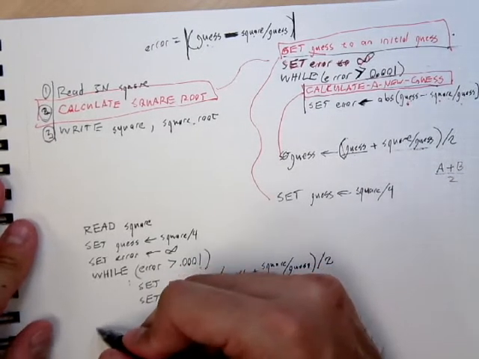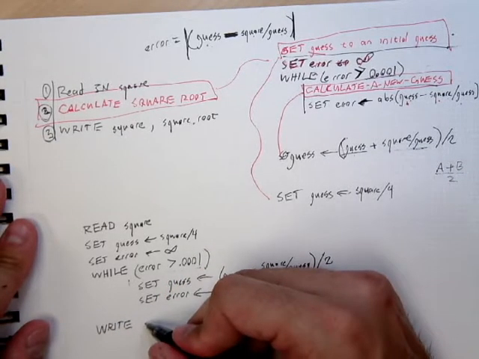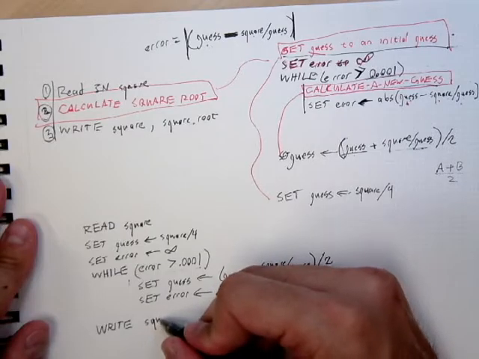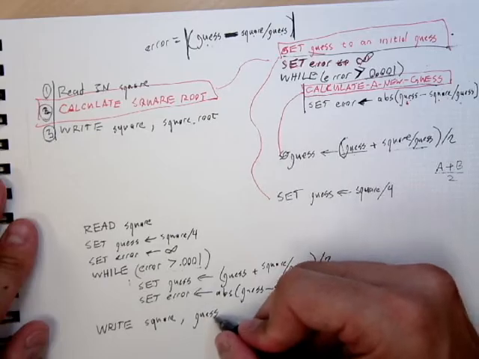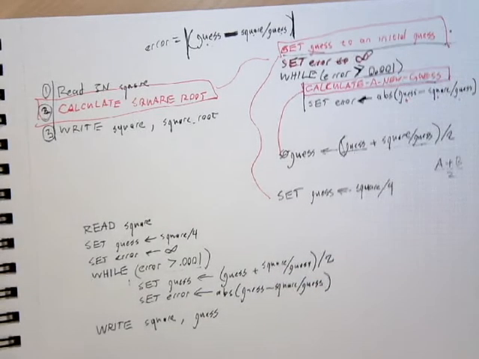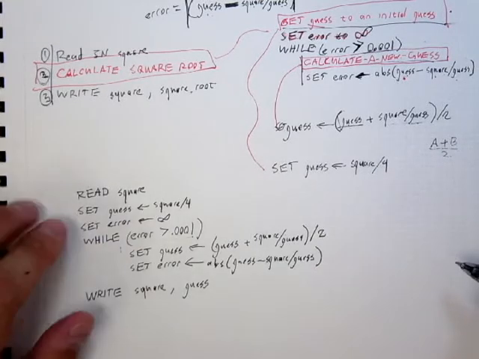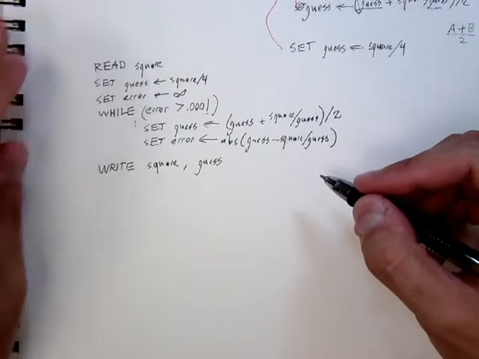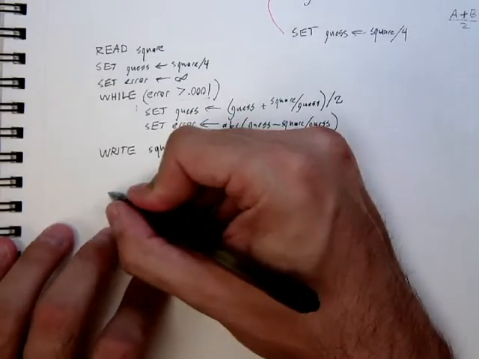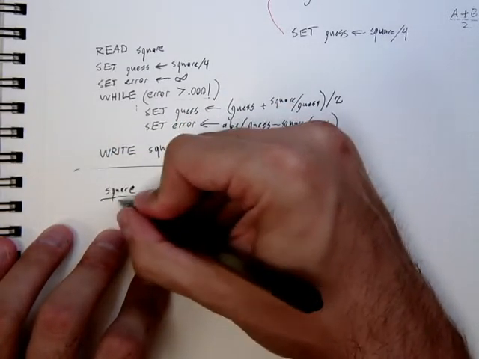So we can print or write square, and then we can write what our guess is. So if we try to trace this with a number like 64, so let's imagine that we're going to trace the execution of this program. We read in square, and we get a 64.